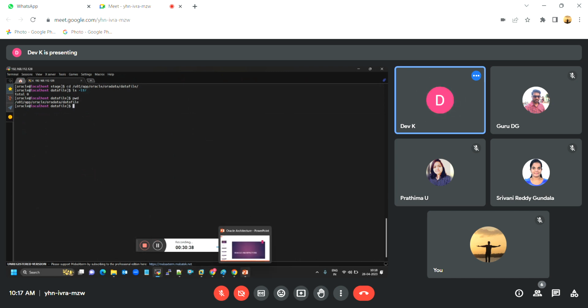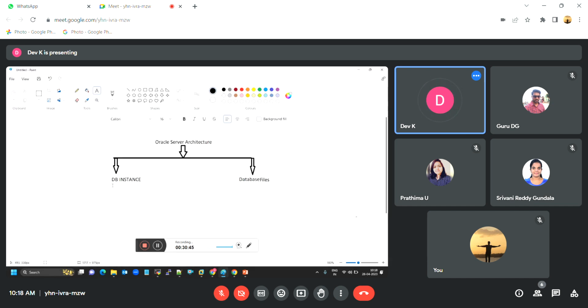So simply we call it as... Here we have three major files. Those are called C, R, and D. C stands for control file.